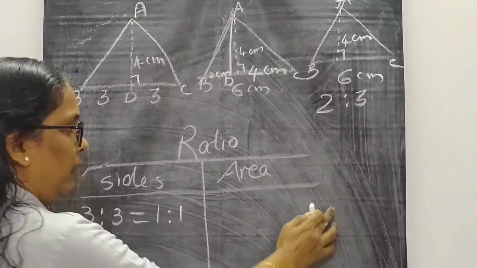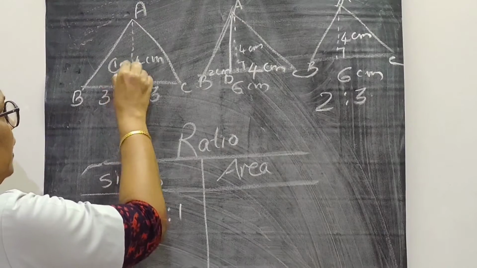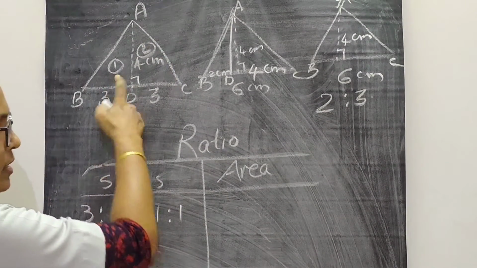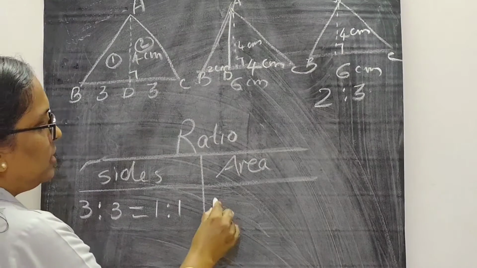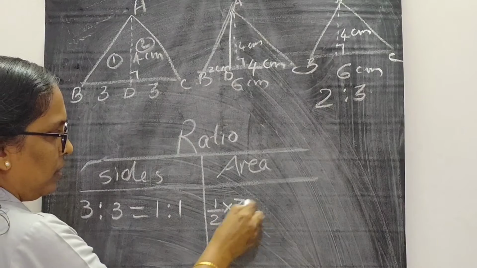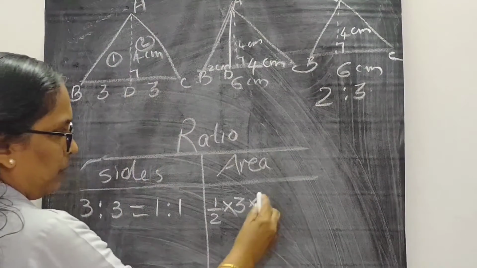And the area, we can find out the area. This is the first triangle and this is the second triangle. Area of the first triangle is half BH, that is half into base, base is 3 centimeter, into height, height you take as 4 centimeter.